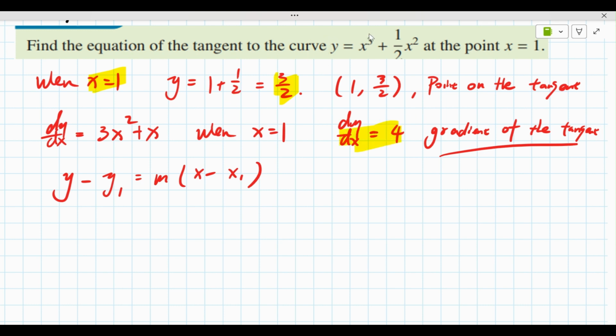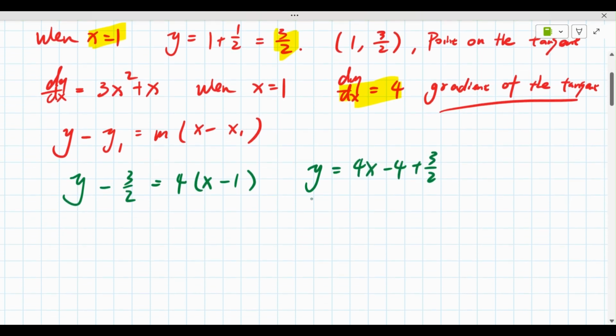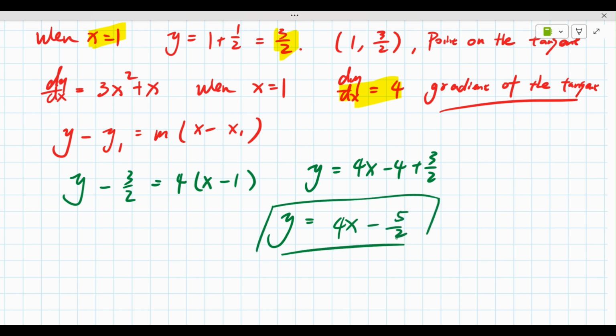So we can rewrite our answer: y minus 3 over 2 equal to 4 times x minus 1. So y equal to 4x minus 4 plus 3 over 2, so y equal to 4x minus 5 over 2. So this is the tangent to the curve.